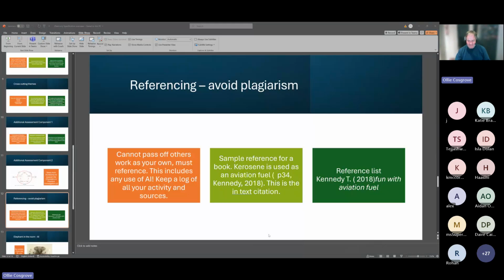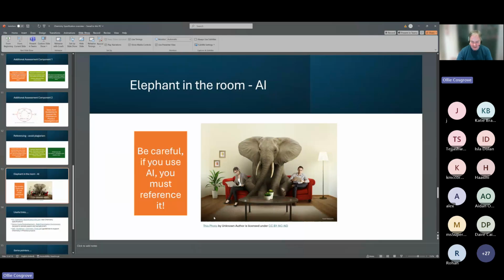As I said, the elephant in the room, and they're really big about this in the guidelines and in the specification brief that you'll get in January itself. If you use AI, you must reference it. You have to. You can't pass it off as your own. You'll know yourself a lot of the time.